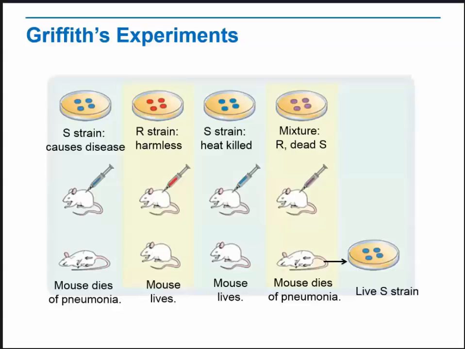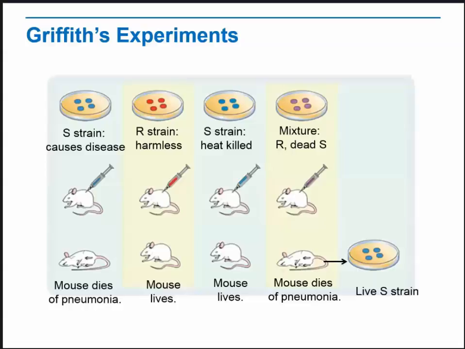Somehow the heat-killed bacteria passed their disease-causing ability to the harmless bacteria. Griffith reasoned that when he mixed the two types of bacteria together, some chemical factor transferred from the heat-killed cells of the S strain into the live cells of the R strain. This chemical compound, he hypothesized, must contain information that could change harmless bacteria into disease-causing ones.